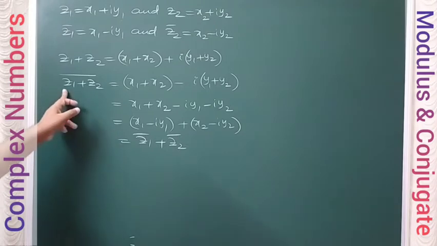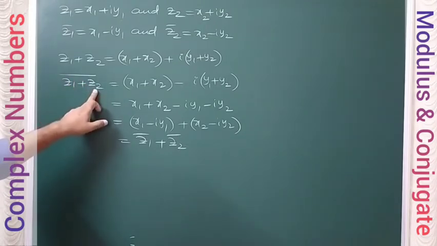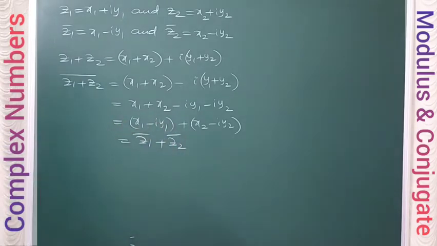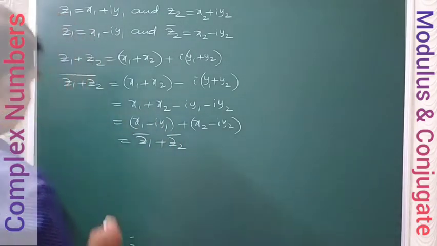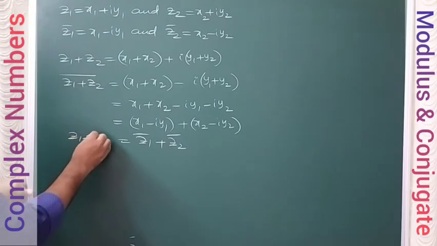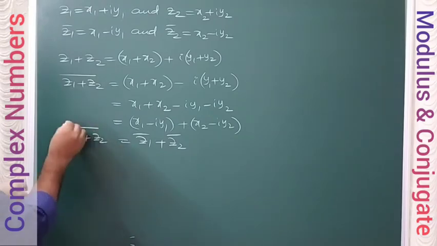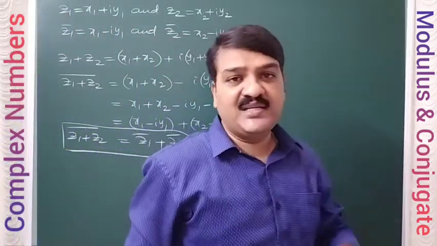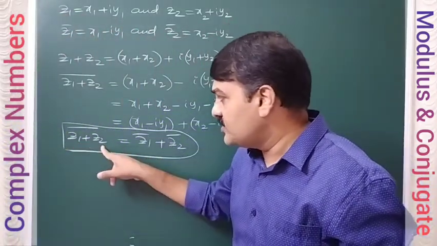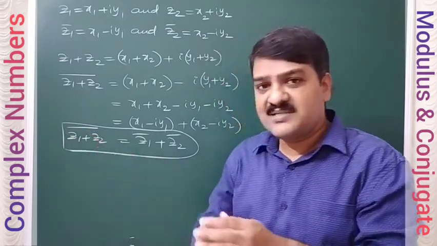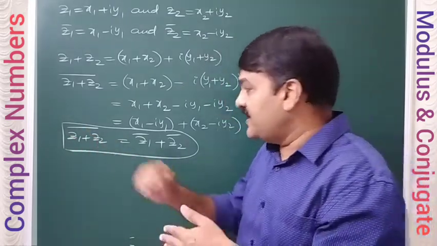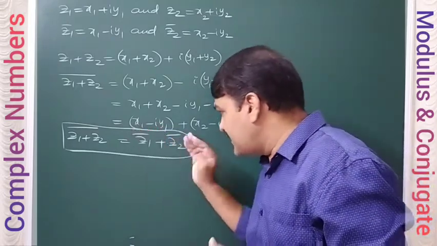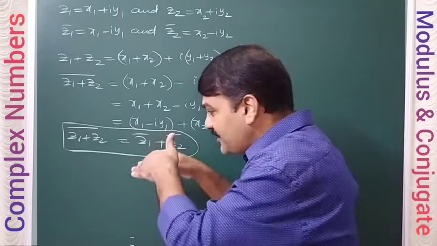That means conjugate of z1 plus z2 is same as conjugate of z1 plus conjugate of z2. So this is the property. The meaning of this property is, if you want to take conjugate of z1 plus z2, it is same as taking conjugate of z1 separately, taking conjugate of z2 separately, and adding both.